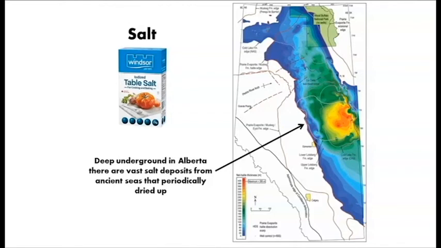And in the case of Alberta, that happened over millions of years, and it ended up in an accumulation of salt that is in some places, like just northeast of Edmonton here in the red, over 400 meters thick.